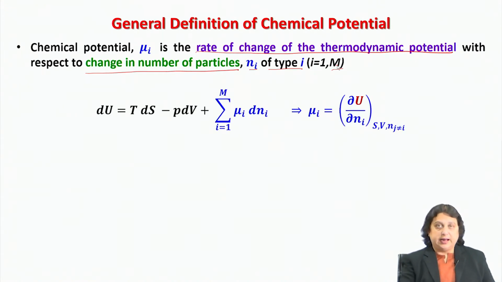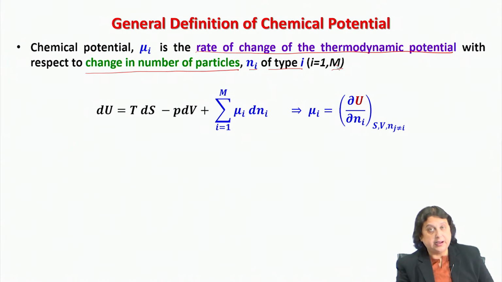Now let us look at the thermodynamic potential U. In this case, by the definition, I know that dU is equal to TdS minus PdV for a closed system, where dNi was equal to 0.